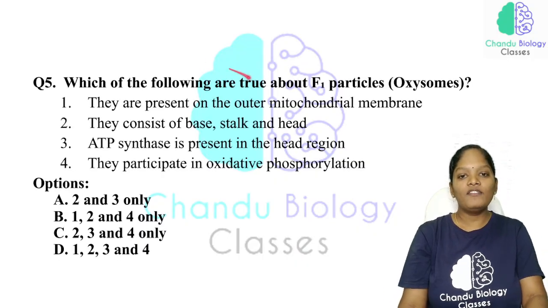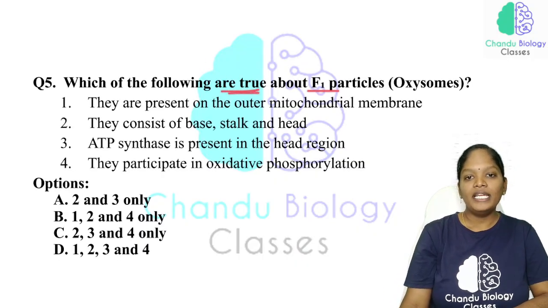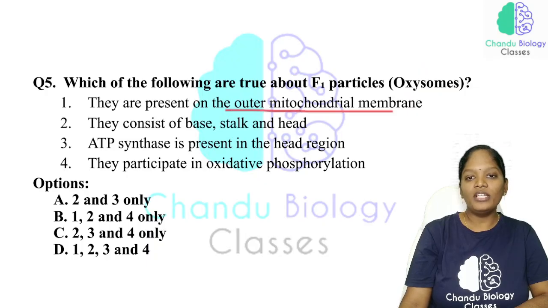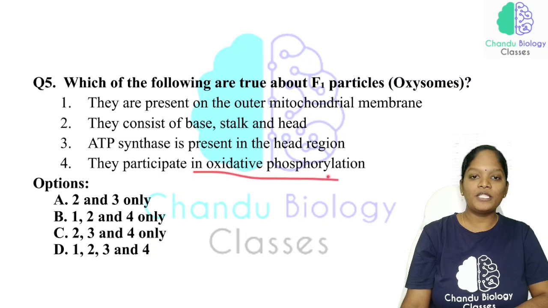Now, which of the following are true about F1 particles? F1 particles means oxysomes. See here, they are present in the outer mitochondrial membrane. They have a base, stalk and head. ATP synthase is present in the head region. They participate in oxidative phosphorylation.